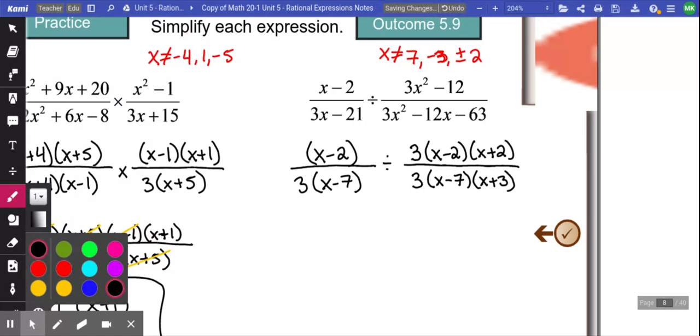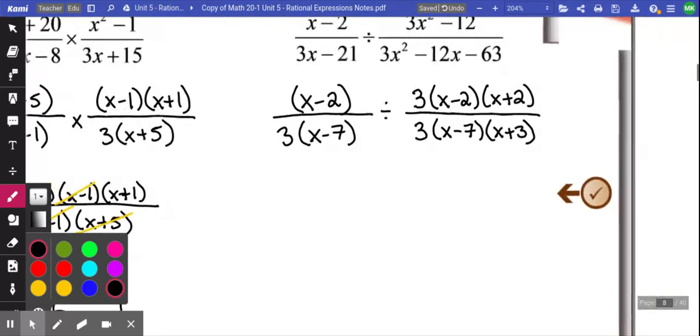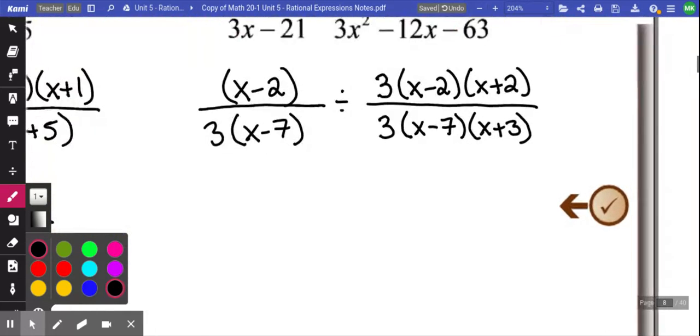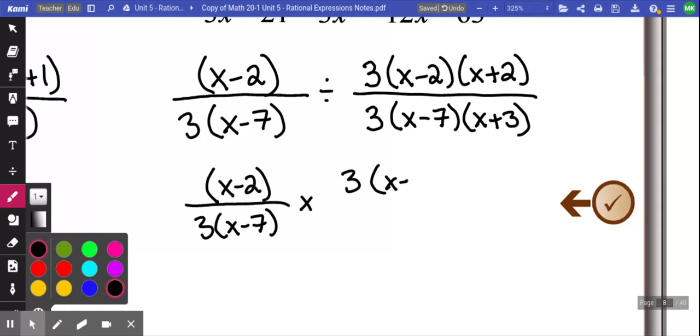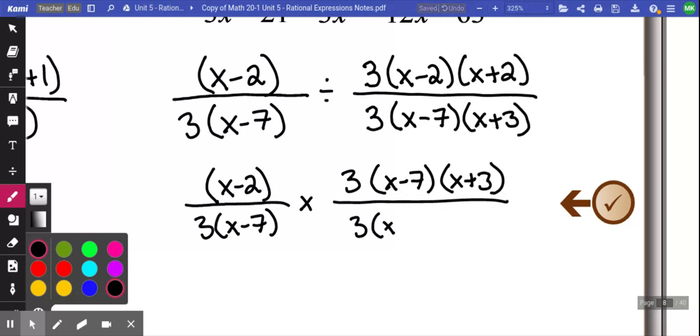Now I can focus on my simplifying. So I'm going to kiss it and flip it to make it multiplication, because multiplication is easy. In the denominator, I would have 3 times x minus 2, x plus 2. Cool.